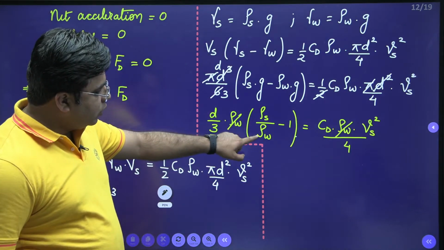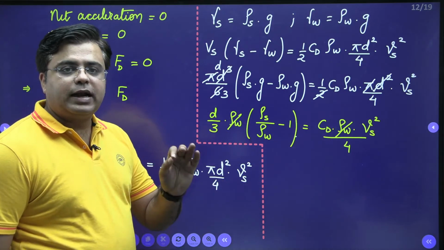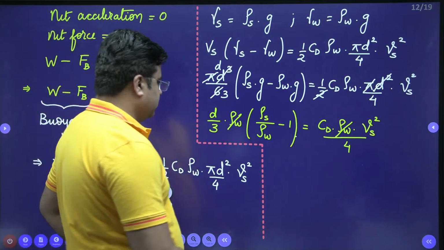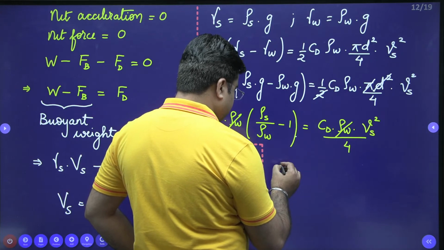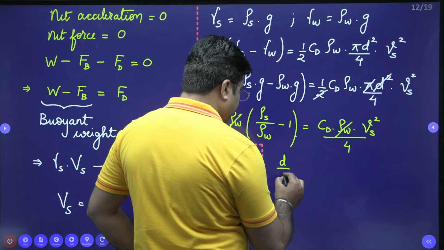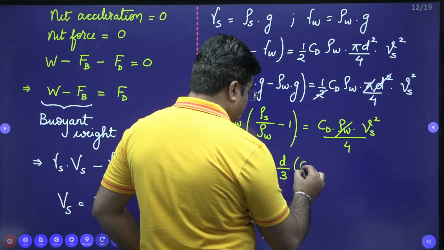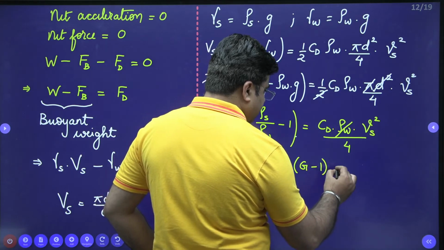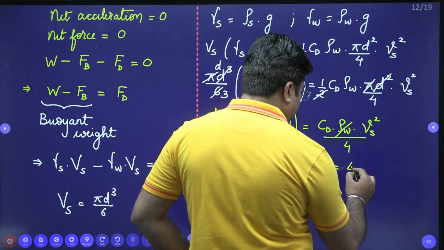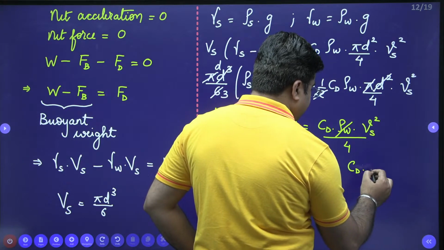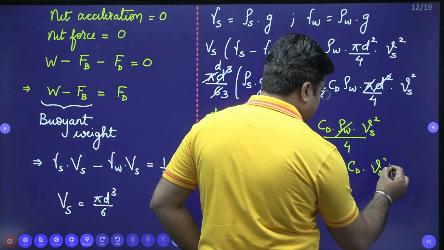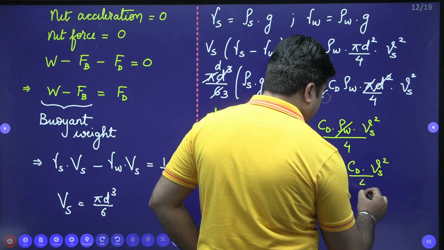Rho s by rho w is equal to the specific gravity of solids, G, right? So this is d by 3 into G minus 1 is equal to CD into Vs square by 4.